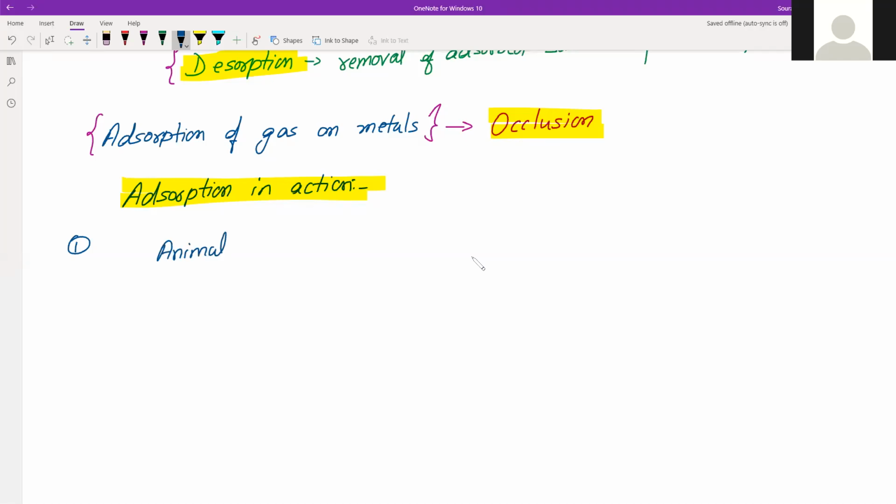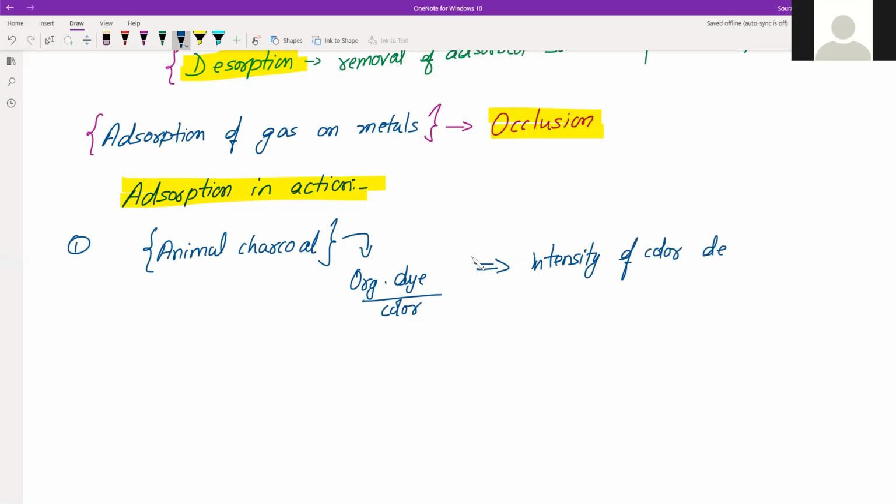Dye means color. So what does it mean? It means that some particles which were responsible for giving color to the dye, their concentration decreased in the dye.